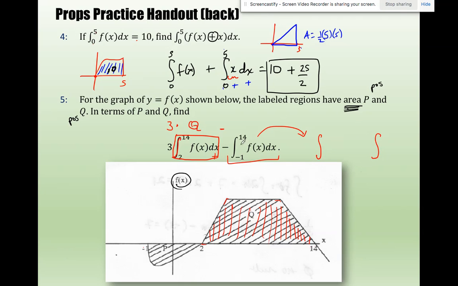The integral going from -1 to 14 is the same as going from -1 to 2 of my function, and adding, going from, since this is a 2, to 14.